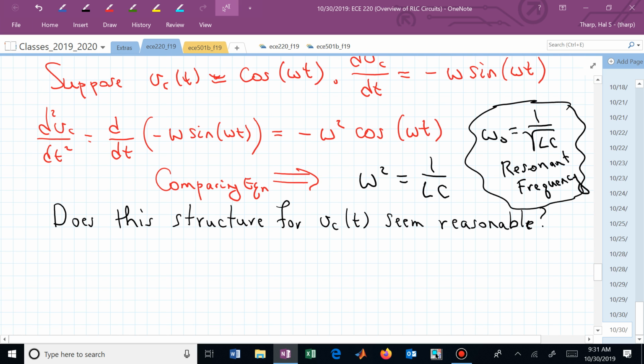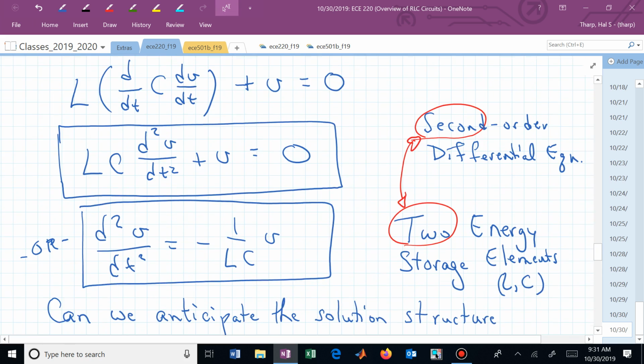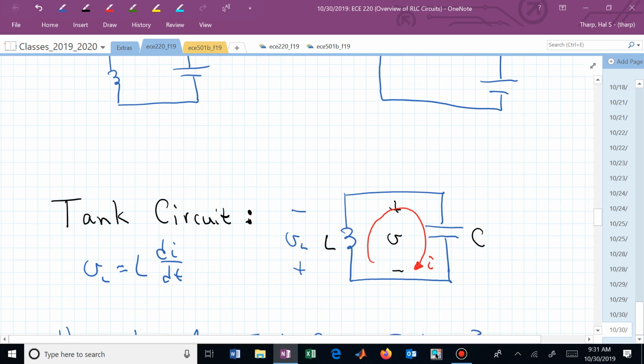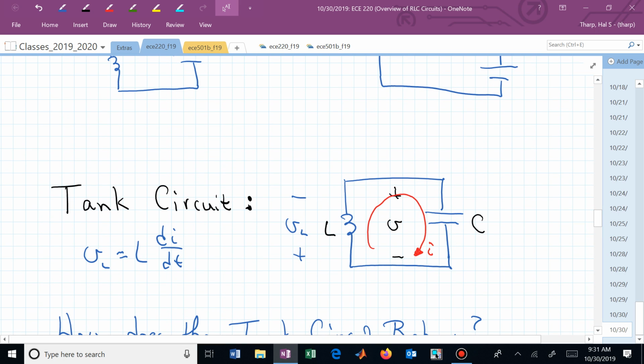Does this structure for V sub C seem reasonable? Now we say that this circuit, this tank circuit, this LC circuit, the voltage across that capacitor behaves like a sinusoid, a cosine.